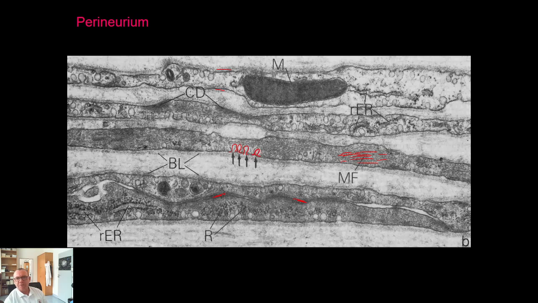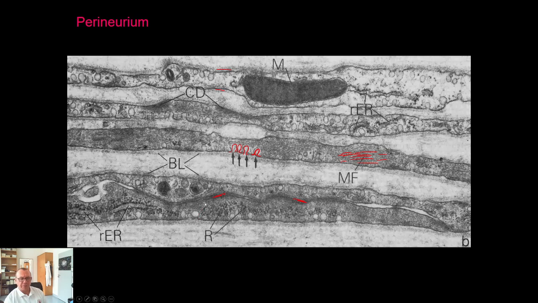Here we know them as caveoli. So they have components and structures which are really not typical for connective tissue cells.